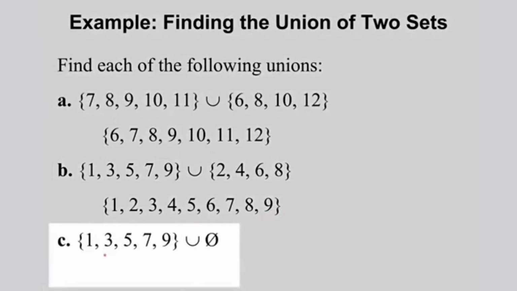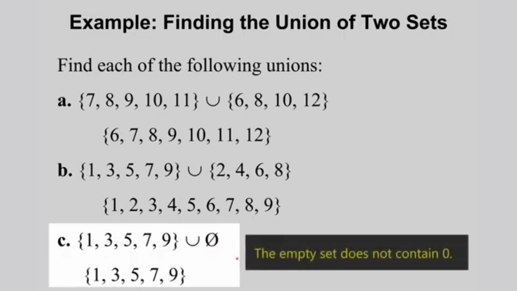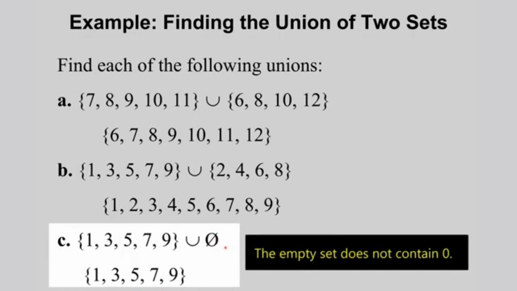Lastly, for these two sets here, the union is the set containing 1, 3, 5, 7, and 9, because this empty set here contains nothing. It does not contain anything. So don't get confused. This one does not contain 0. When you say empty, it's nothing.